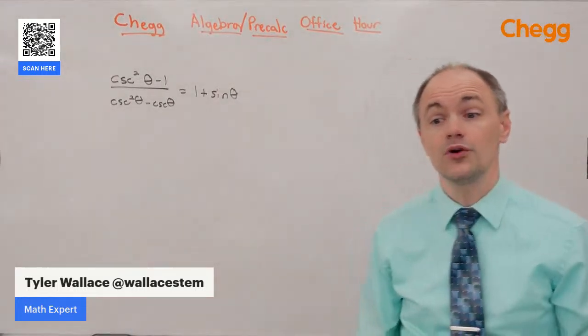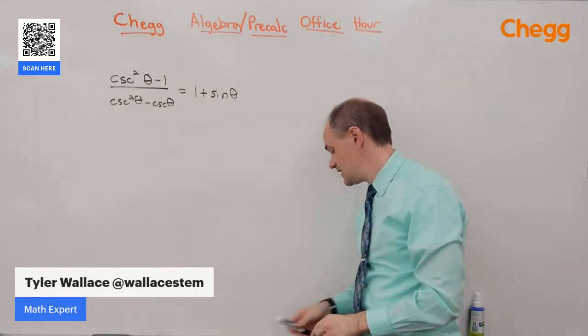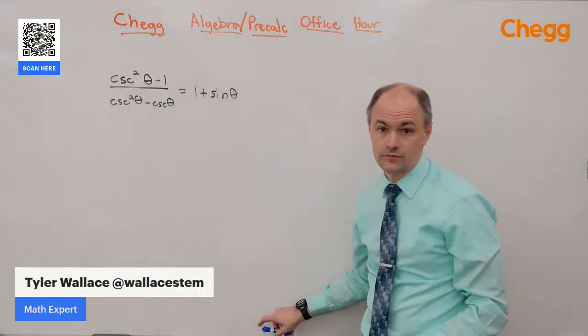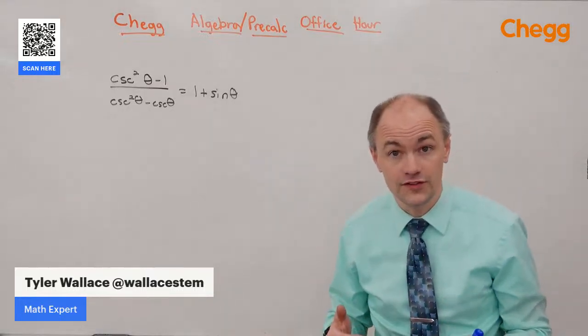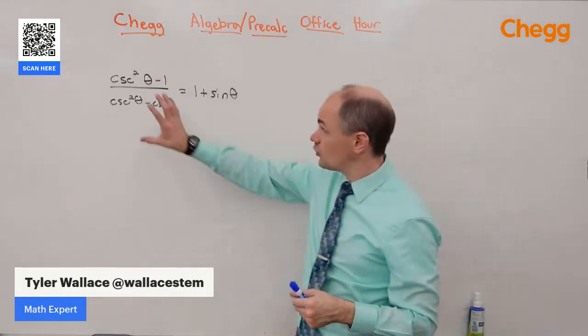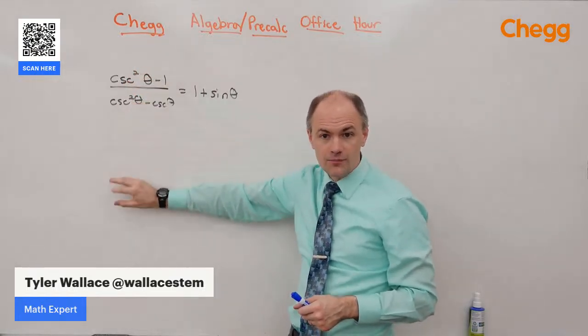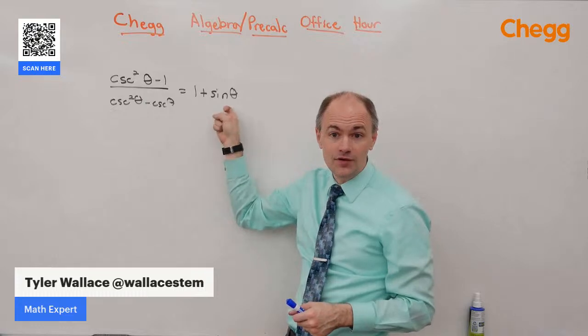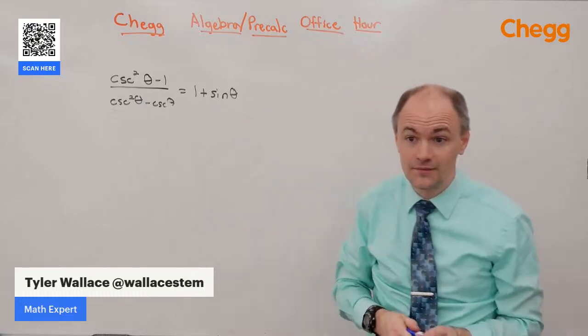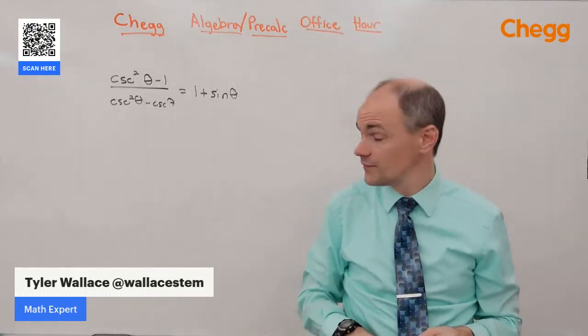And we are going to prove that identity is true. With proofs, our goal is to only work on one side of the equation, do some manipulation, and end up with the other side. How do we do that?